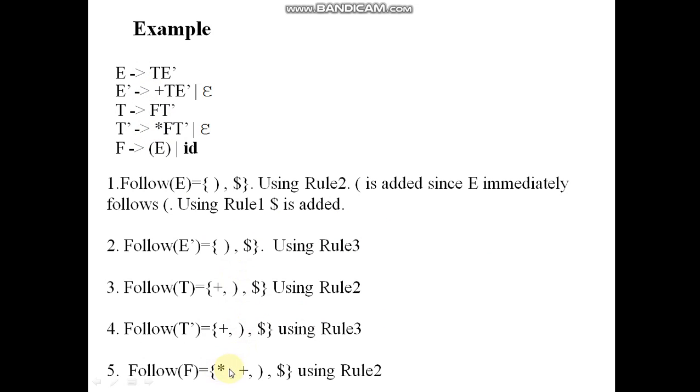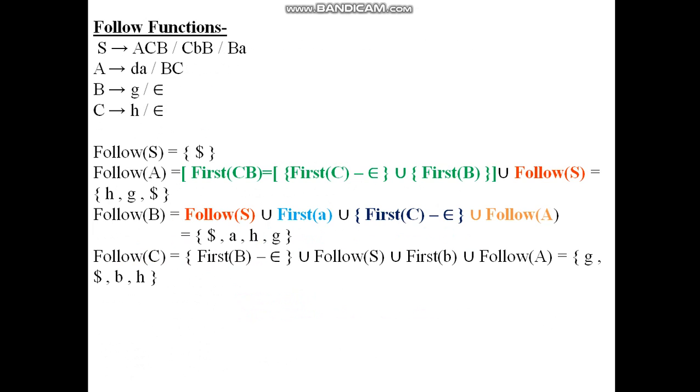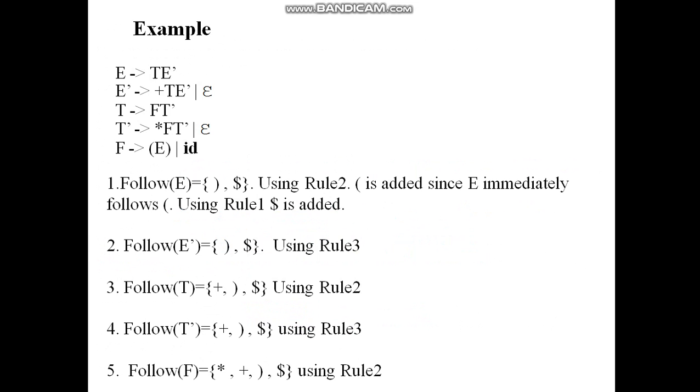What this rule says is that everything in first of T dash except epsilon is added into follow of F. In first of T dash except epsilon, we have the star itself. Therefore star is added in the follow of F. First of T dash is star and epsilon, so except epsilon, star is added into the follow of F.